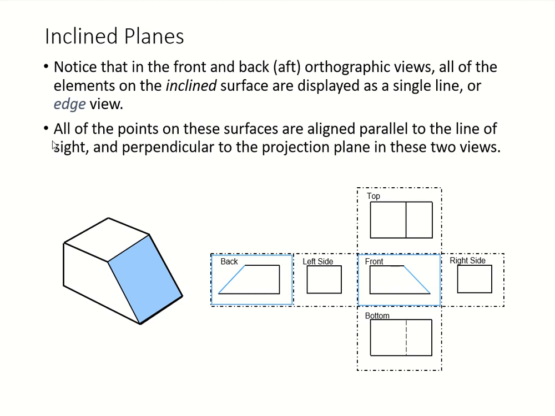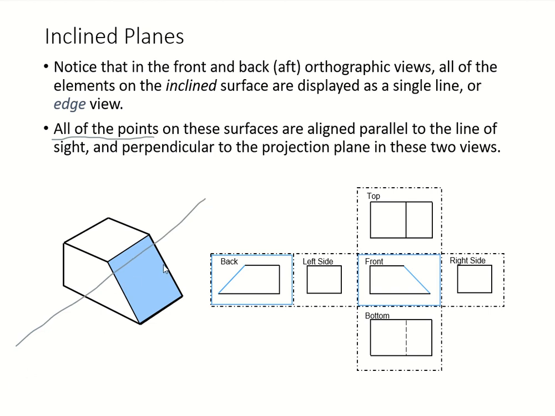I want you to pay attention when you read. Don't just read whatever. You have to read very carefully. It's at all of the points. So we're dealing with all the points on these surfaces, meaning this and this on these two views. They're completely parallel to your line of sight, because your line of sight is like that.